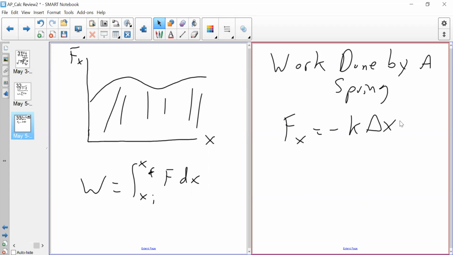So Fx or Fs for the spring force, and this is just the spring force along the x-axis. K is your spring constant, delta X is your displacement.